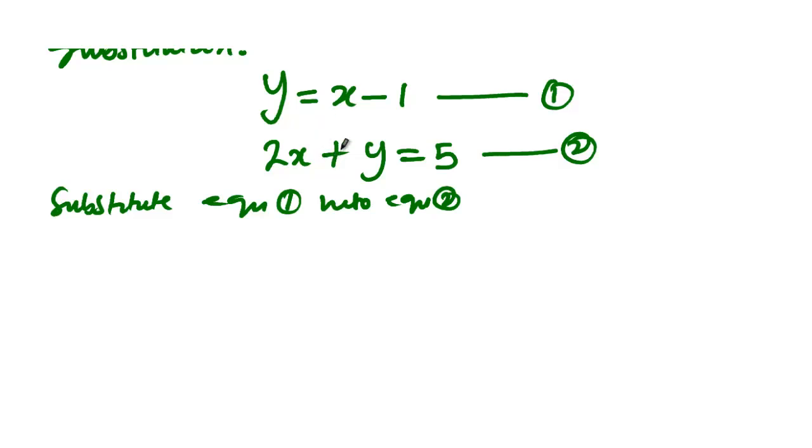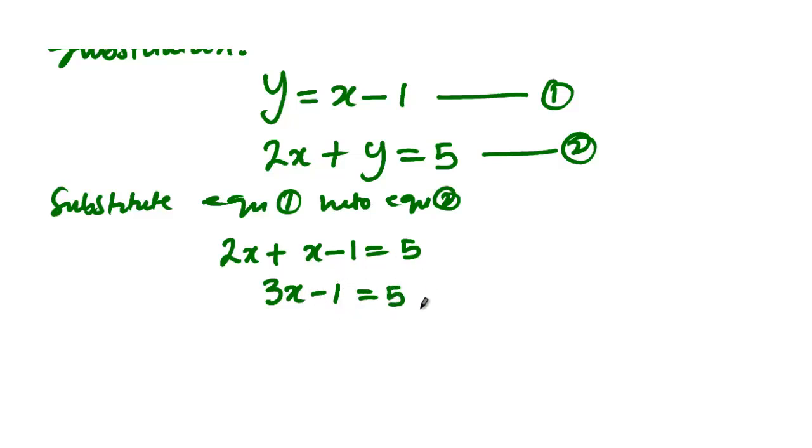So in equation 2, wherever I see y, I will replace it with x minus 1. So in equation 2, we have 2x plus, what is y? y is now x minus 1, is equal to 5.